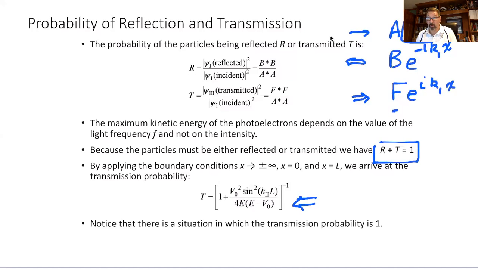Otherwise, the particle disintegrates, and we're not allowing for that possibility. We're not allowing for the particle to just disappear, or for another particle to show up. The particle that comes in, being represented by a wave, is either reflected or transmitted past this barrier, one or the other. And so those 2 probabilities have to add up to be equal to 1.